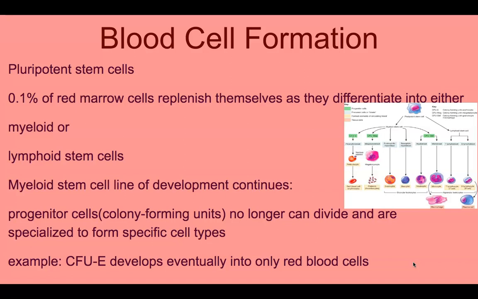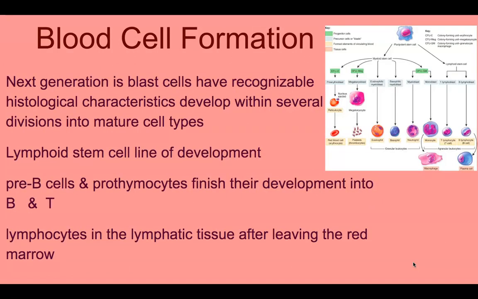In the myeloid stem cell line, the development continues with progenitor cell colony forming units. They now divide and specialize to form specific cell types. That means if we take CFU-E, then they will develop into red blood cells.